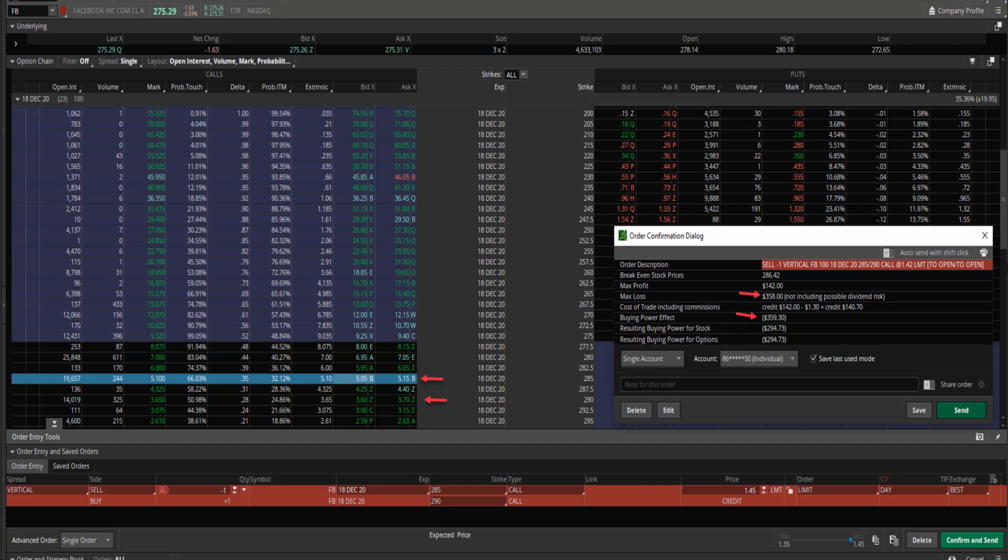So again, with selling strategies, actually, let me take another step back. We'll go with buying strategies first. When you're buying naked calls and puts, the most you can lose on that contract is what you paid for it. So as an options buyer, the most you can lose on a naked option is what you paid for it. Not the same way with selling an option.